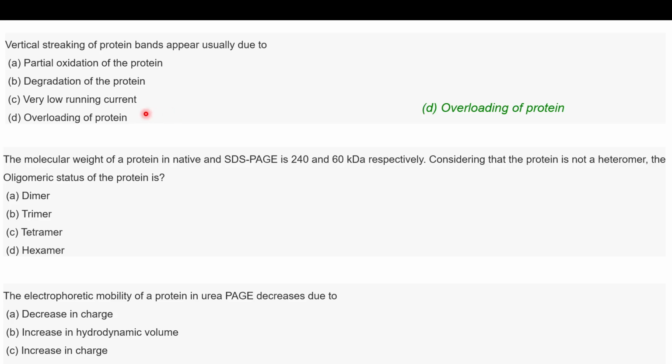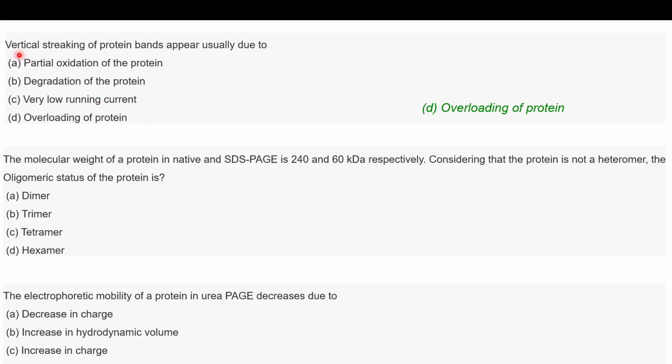You can see that some of the protein might still be there, and most of the protein has entered the resolving gel and separation has started. But because you have overloaded your sample, the layer in the sample well near the top is still taking time to get into the resolving gel.